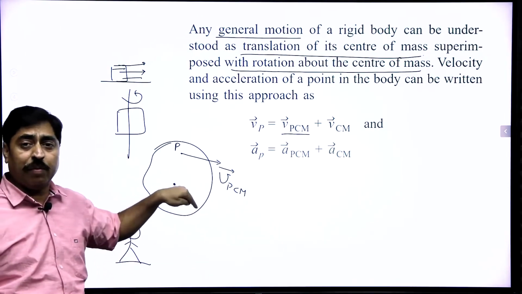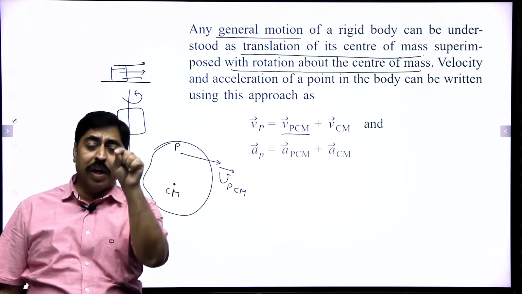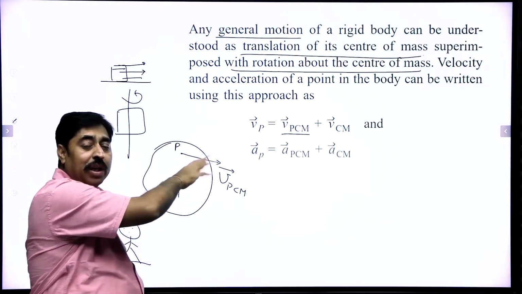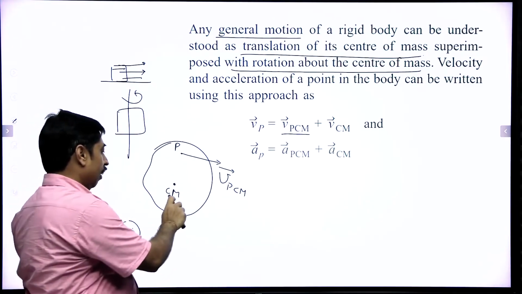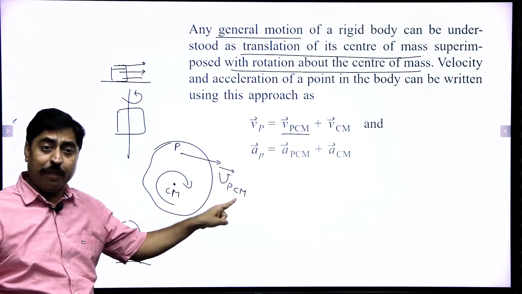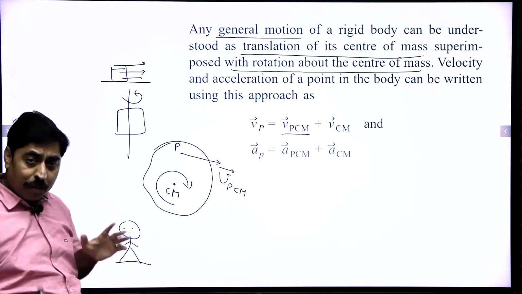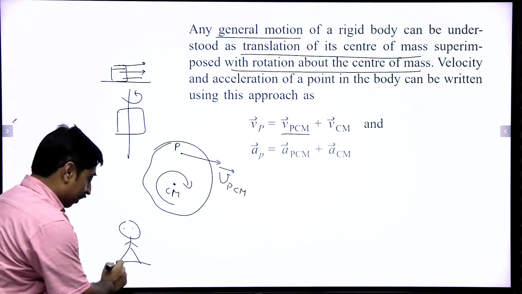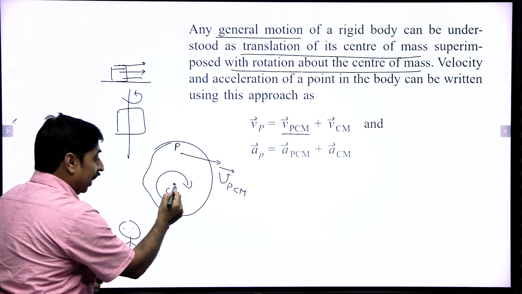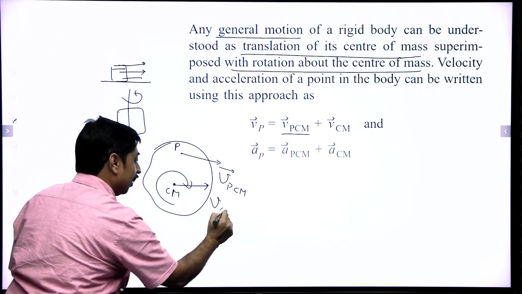In the reference frame of the center of mass, an observer located at the center of mass of the body finds that the body is rotating. So this particular observer finds that the velocity of point P at any instant is this much. But the fact is, in the ground reference frame, this gentleman sees that the center of mass itself is translating with some velocity.